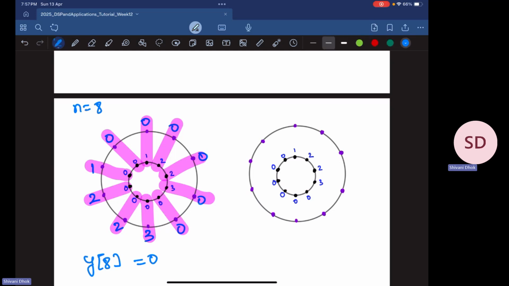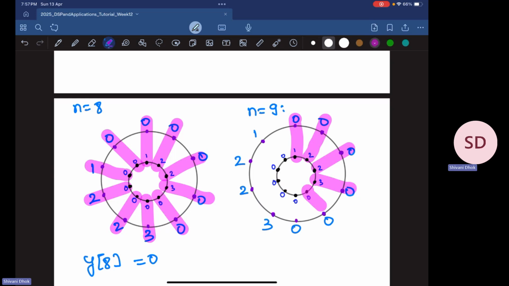And finally, we'll do it for n equal to 9. So what do we get? Now we'll shift it here. So we have 1, 2, 2, 3, 0, 0, 0, 0, 0, 0. So again, we have a 0 here, and 0 everywhere else. There is no overlap at any point, so at all points it comes out to be 0.